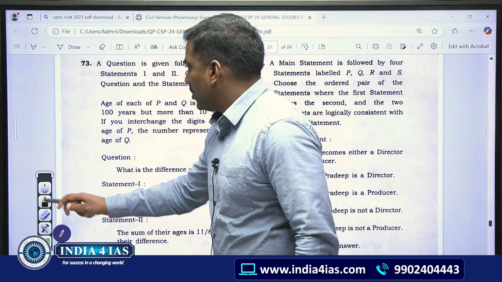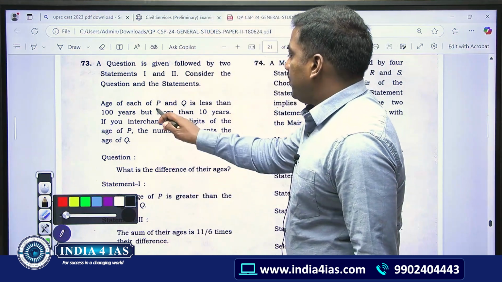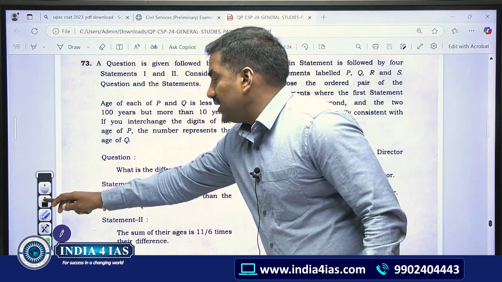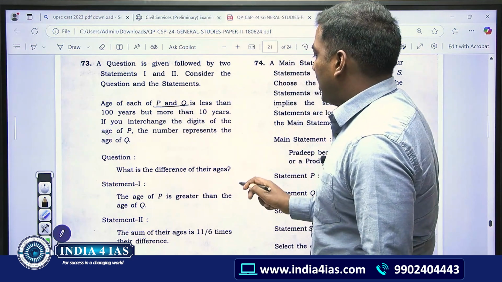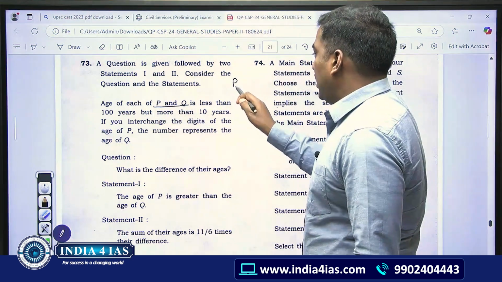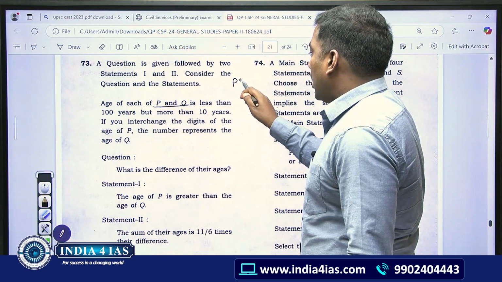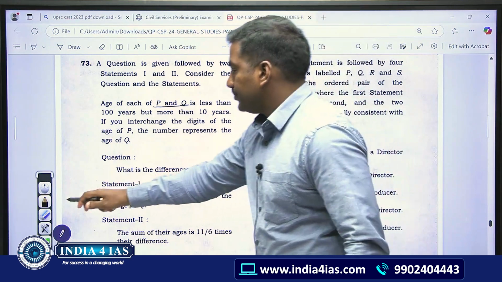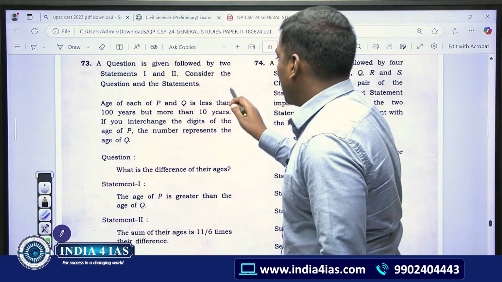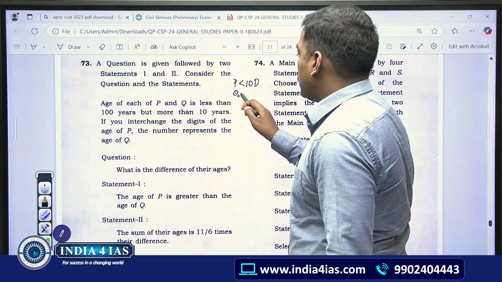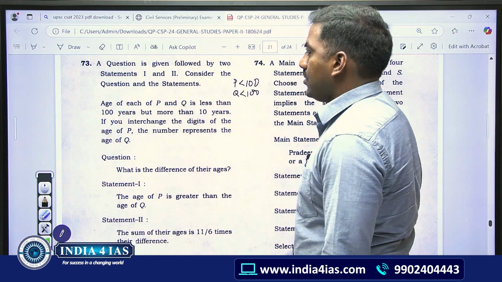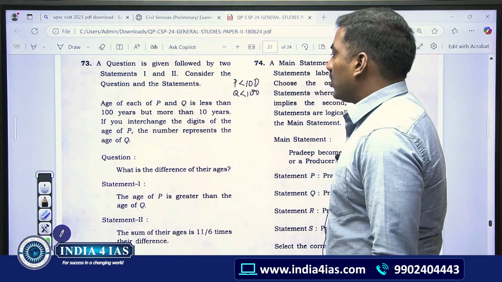73rd question. The age of each of P and Q is less than 100 years, but more than 10 years.